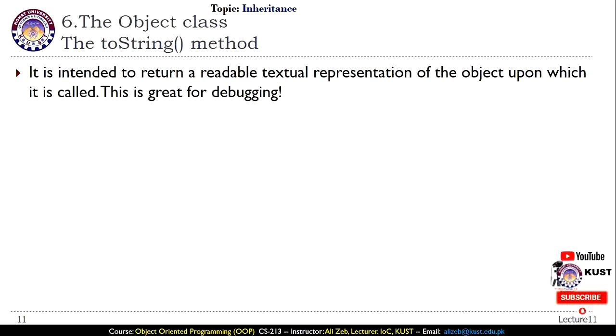The toString method, as we have been using it from our previous classes, is intended to return a readable textual representation of the object upon which it is called. This is great for debugging. If you remember, we had a date class, and from the date class we were trying to print the date in a certain format, and then we were using that object of that class in other classes as well.